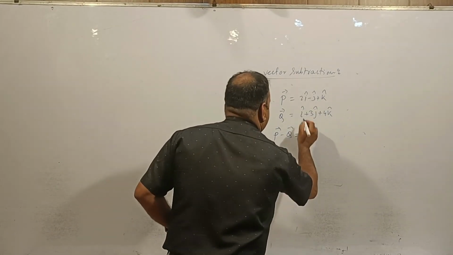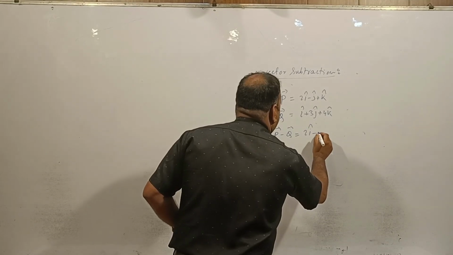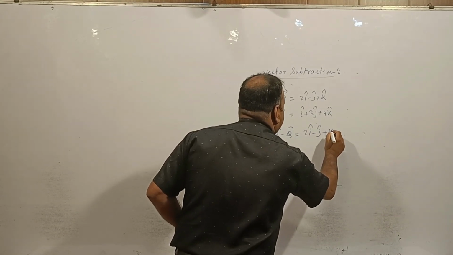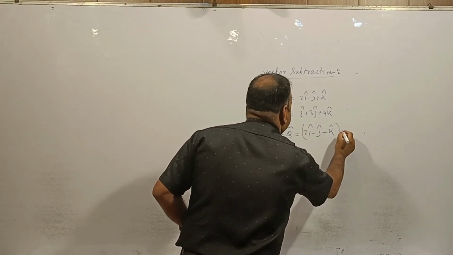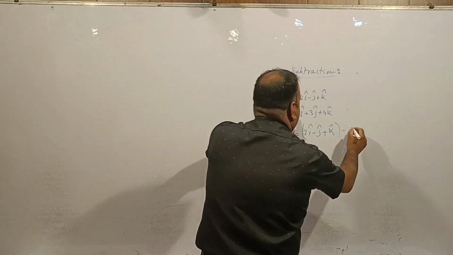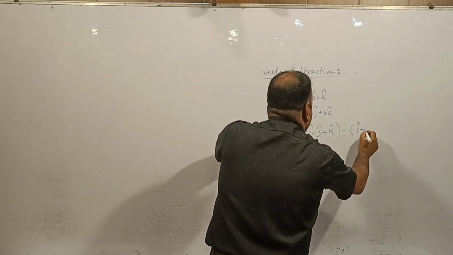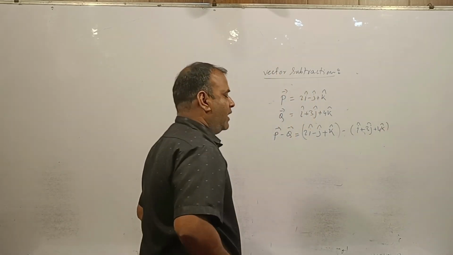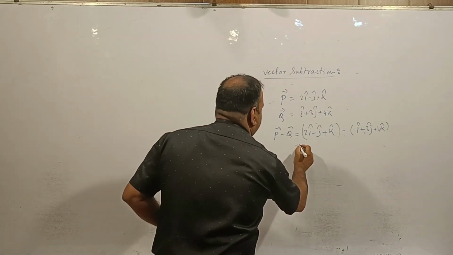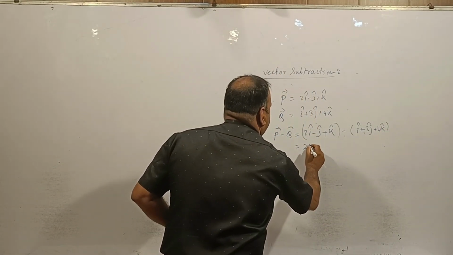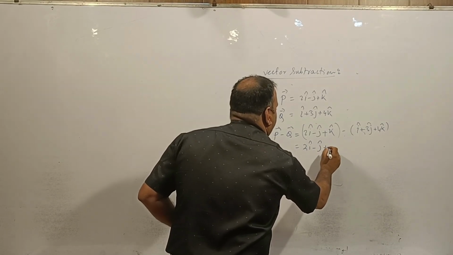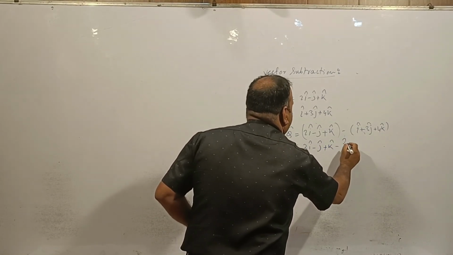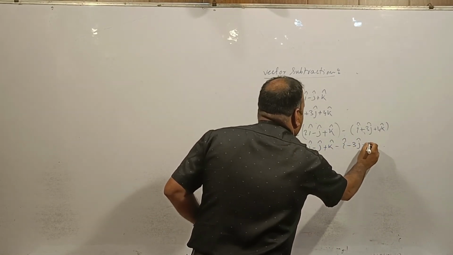You can see here 2i cap minus j cap plus k cap minus Q. Q means here you can see i cap plus 3j cap plus 4k cap. So in this case you can see here 2i cap minus j cap plus k cap minus i cap minus 3j cap minus 4k cap.